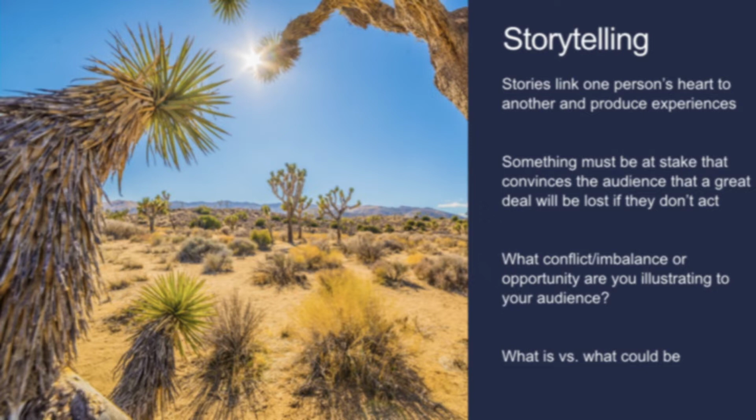There must be some sort of adversity or opportunity or contrast that the character faces. The character must not only face this, but rise and surmount the obstacles that are before them. Something must be at stake that convinces the audience that a great deal will be lost if they don't act.